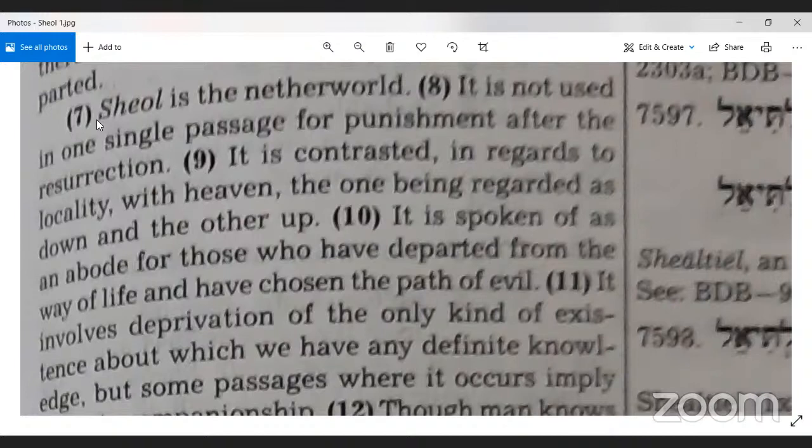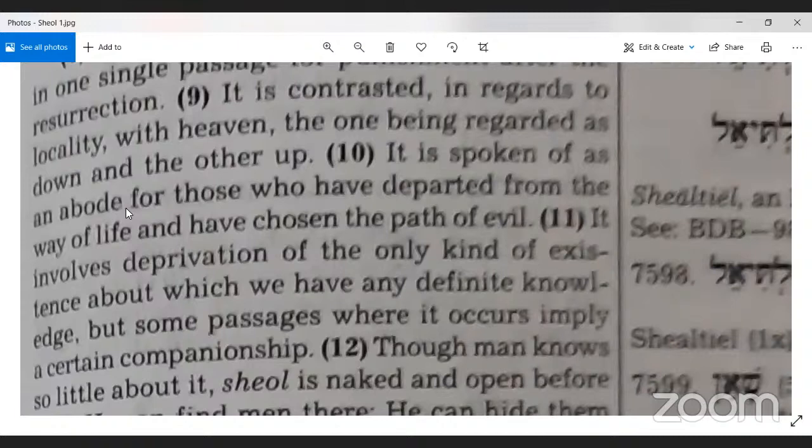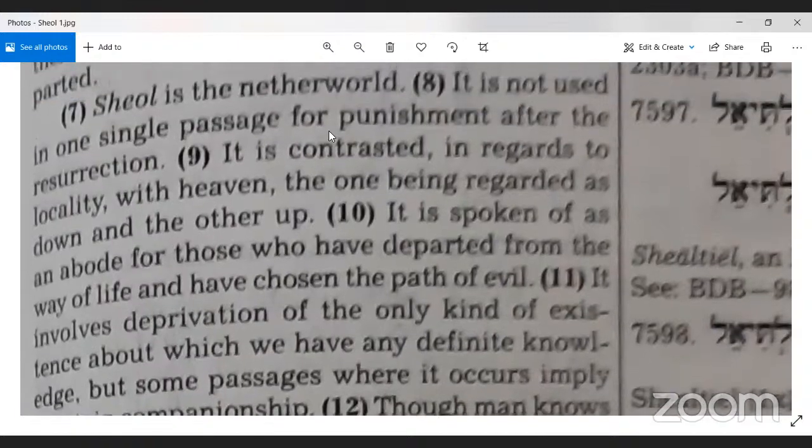It isn't. Yeah, there's no punishment. Right, no punishment, in contradiction to the religions that teach that you go in hell and you burn. Right. Yes.